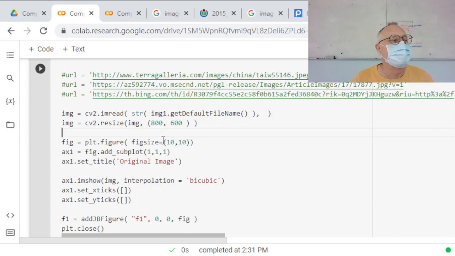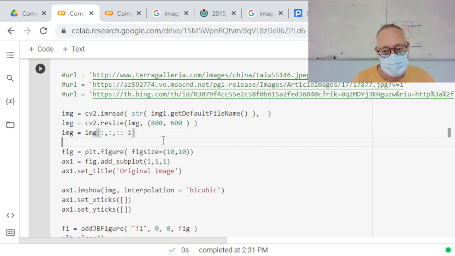And in fact I can swap the channels like this, which means any row, any column, iterate through it starting from 0 until the end and increment by -1, which means go backwards. So this will flip RGB to BGR.